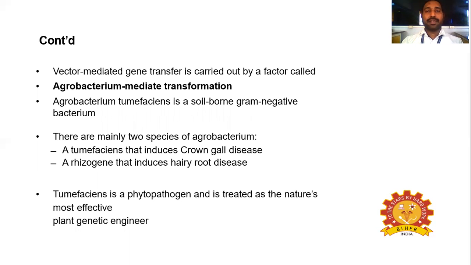Agrobacterium tumefaciens induces crown gall disease. The other one, rhizogenes, induces hairy root disease. If you think about Agrobacterium tumefaciens, this is a phytopathogen, and it is also treated as nature's most effective plant genetic engineer.